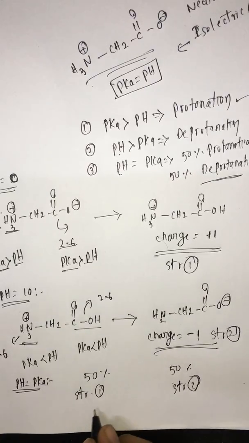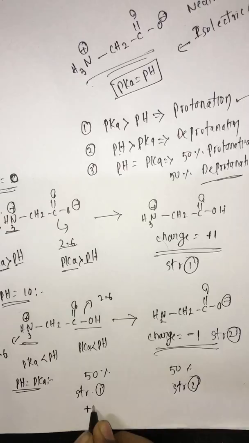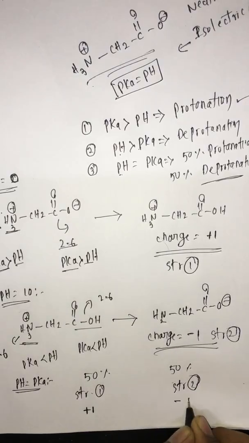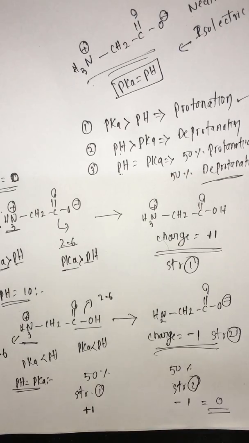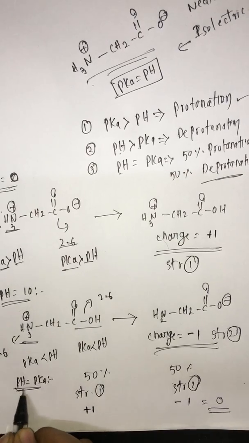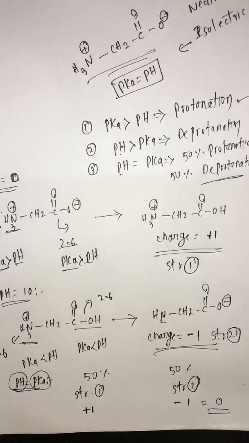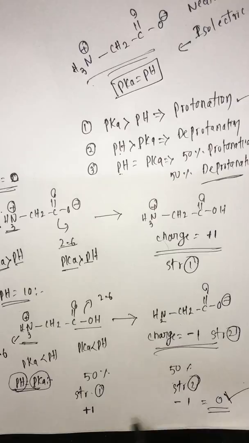The charge on structure 1 is plus 1. The charge on structure 2 is minus 1. The final charge will be 0. So the point at which pH equals pKa, we call the isoelectric point. At that point the compound will exist in the neutral form, so the charge will be 0 in this case.